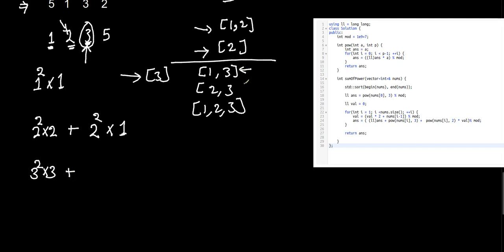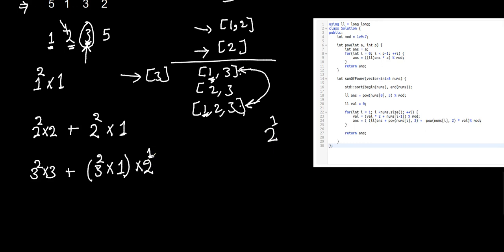Now here we have 2 groups that have the minimum equal 1, so the power sum for these 2 groups is 3, the maximum, square multiplied by 1, and we have 2 groups of these, so 2 to the power 1, plus we have only one group with minimum equal 2, so the power for this one is 3 square multiplied by the minimum 2.